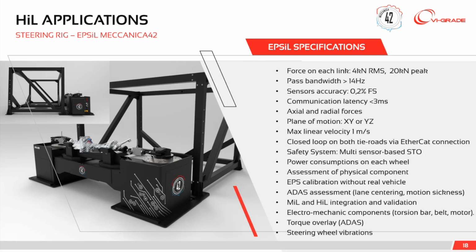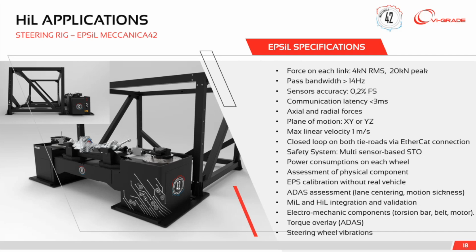We can manage up to 20 kilonewton per tie rod as a peak force. We also have 2 axes of motion, X and Y or Y and Z. We can also reach a max linear velocity of 1 meter per second. And of course, it's a larger machine, and the same goes for the one from M Dynamics. The system can then be upgraded for traditional steering systems.